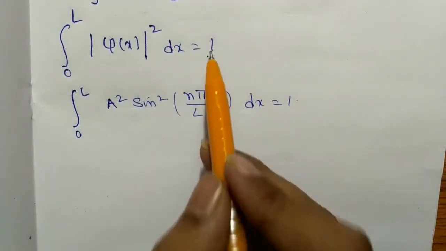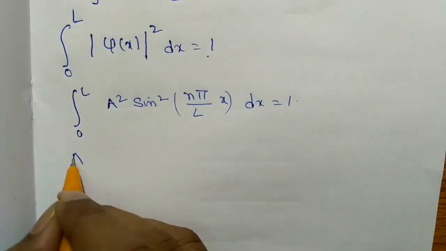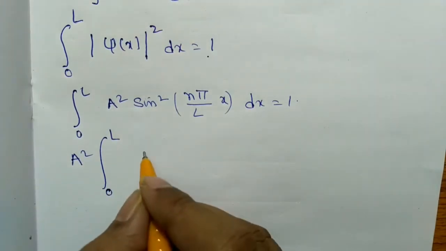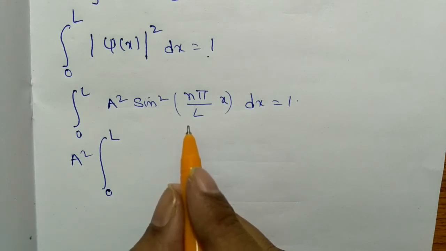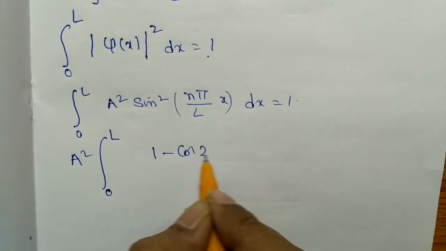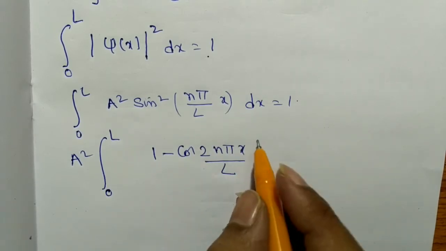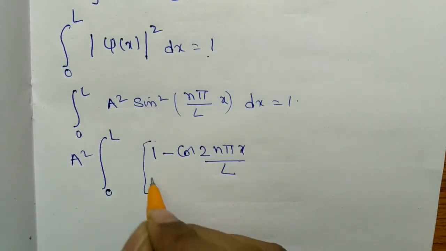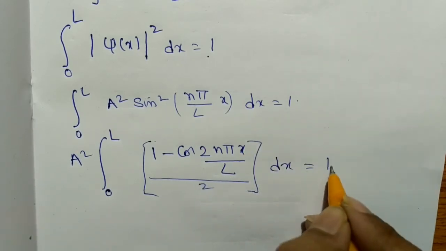That's why I put this value here. Now further simplify. A square taken as common factor, 1 minus cos 2 n pi x by L, whole divided by 2, dx is equal to 1.